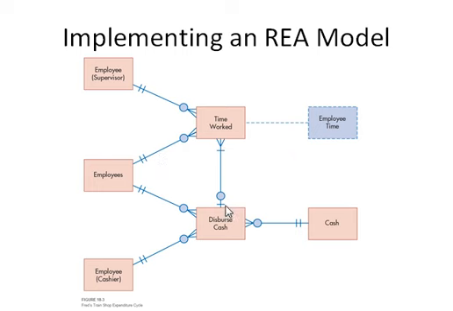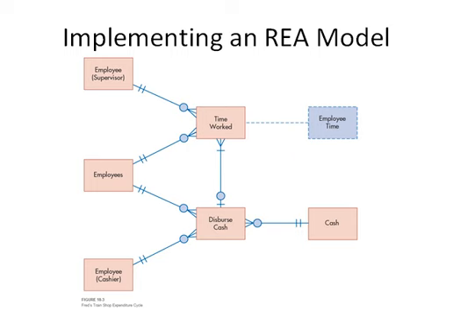So we can say these relationships are 1 to n relationships. Other types of relationships are 1 to 1 and many to many, or n to n relationships, which are not shown here.